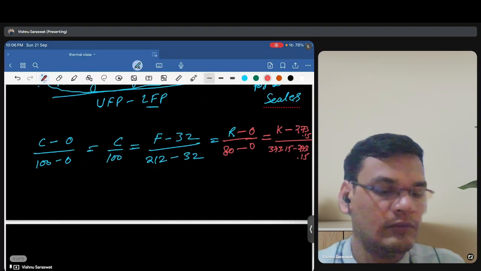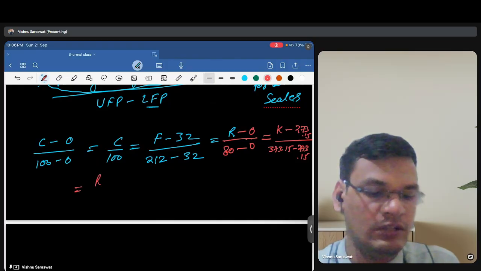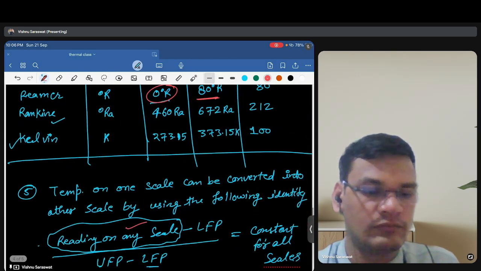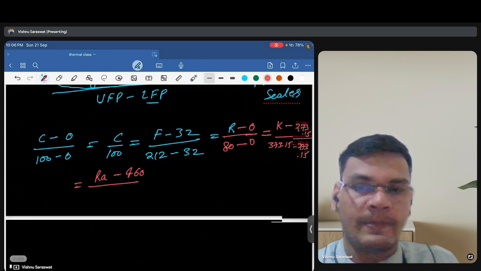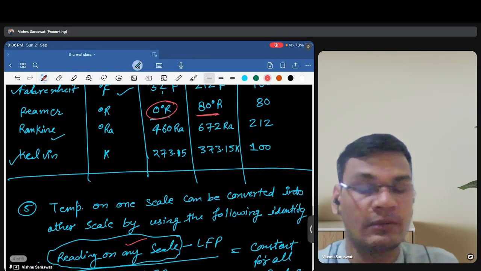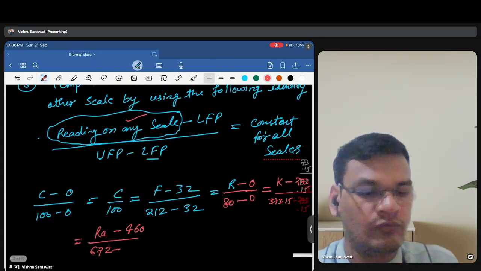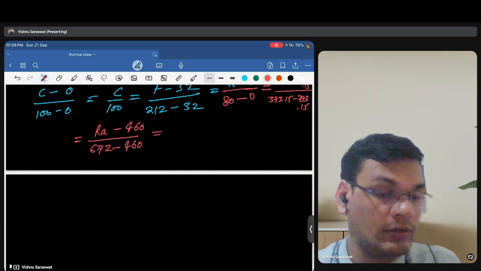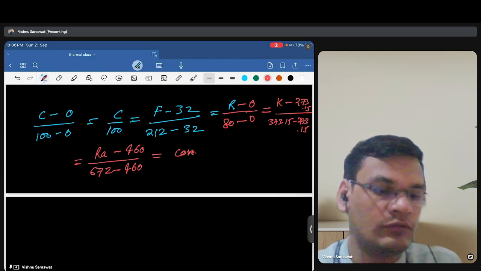Again for the Rankine scale, the reading is Ra minus the lower fixed point, 460, and the upper fixed point on the Rankine scale is 672, so 672 minus 460.